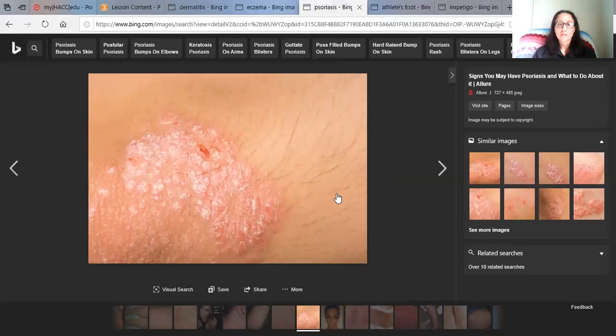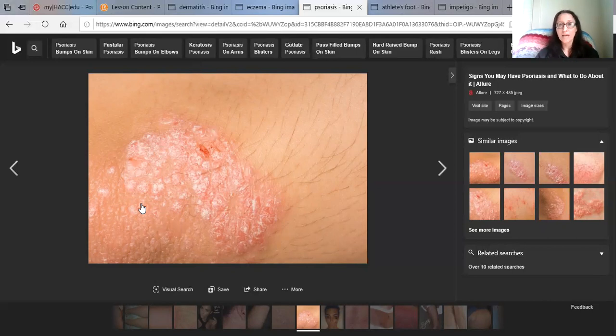Psoriasis is not contagious. It's not an infection. It is actually an overproduction of skin cells, but not cancerous. There is a lot of cellular activity, and the cells are replicating very quickly. And what happens is, as they push up, they form a silvery or whitish scale on top of a red base.